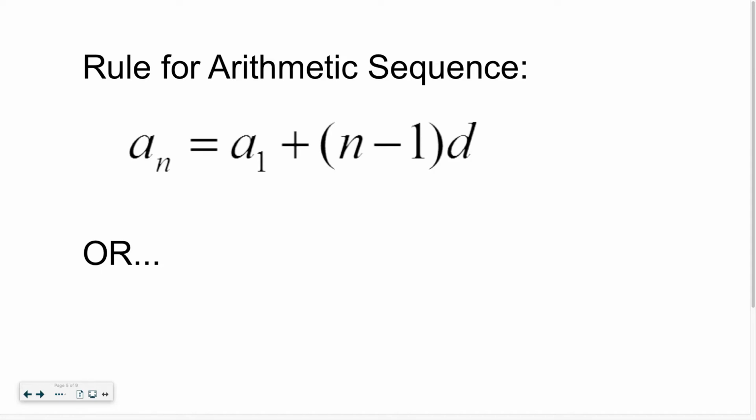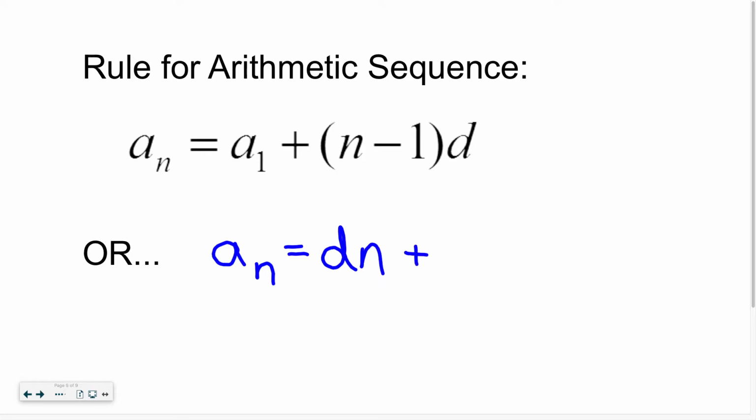But I'm going to give you an or. Because if I have my choice and I really wanted a formula or a rule, this is also a rule I really like. Because remember I said arithmetic sequences were really linear, where d was equal to your m. So your mx gets replaced with dn, because your input is n, your slope is d.